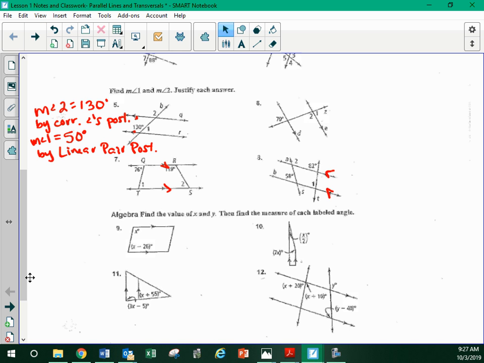You might just want to say angle 1, since you have angle 1. Alternate exterior. Wait, so 7 is alternate.